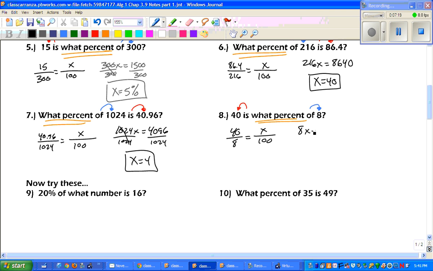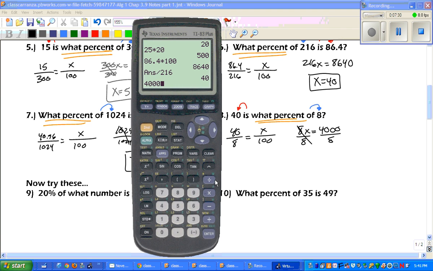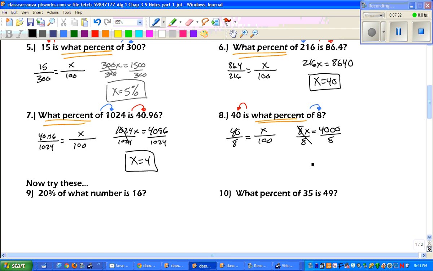Do your cross multiplication, you get 8x equals 4,000. Divide all that by 8. 4,000 divided by 8 equals 500. And remember, that's 500%. Label your answers.